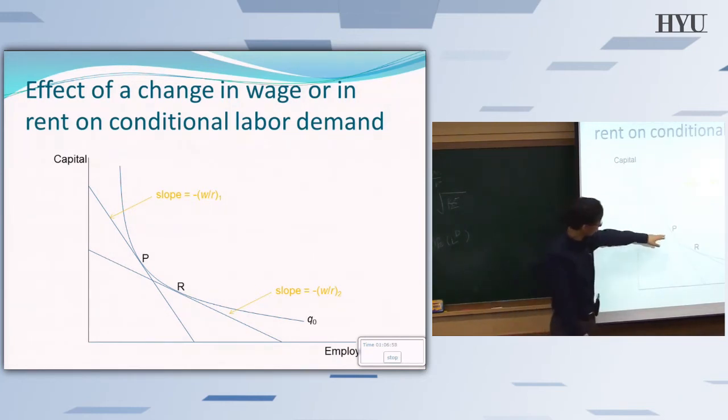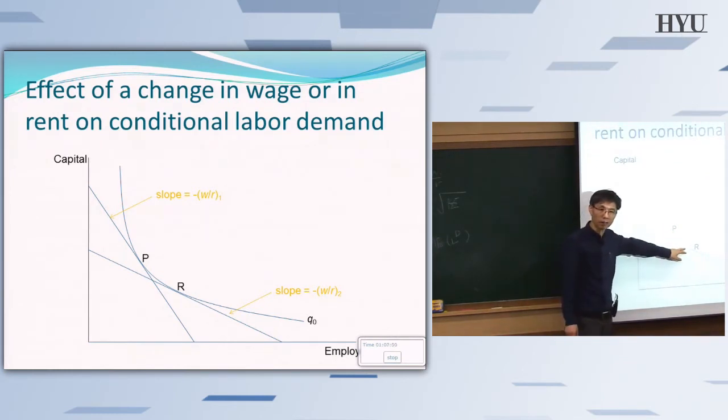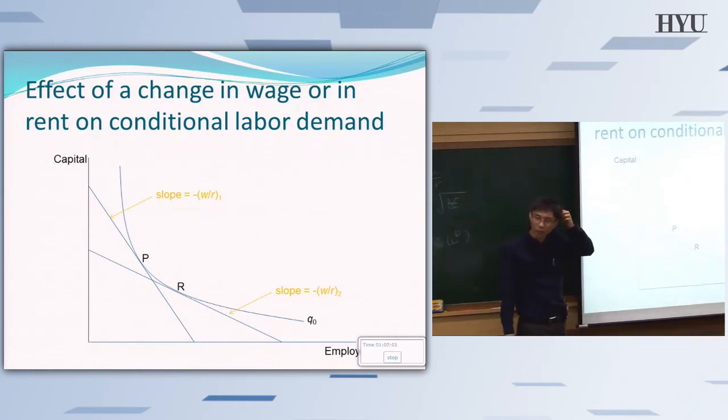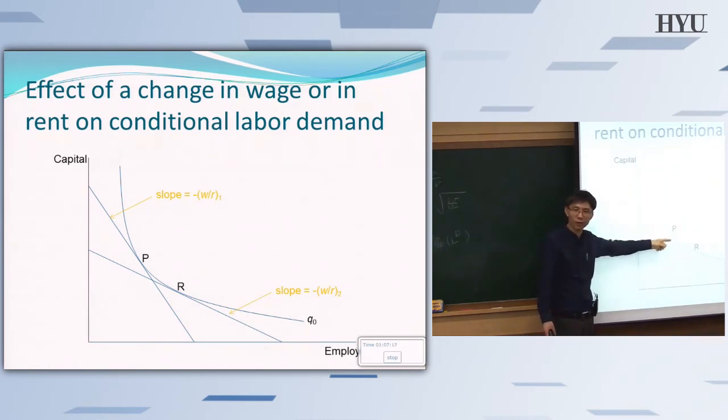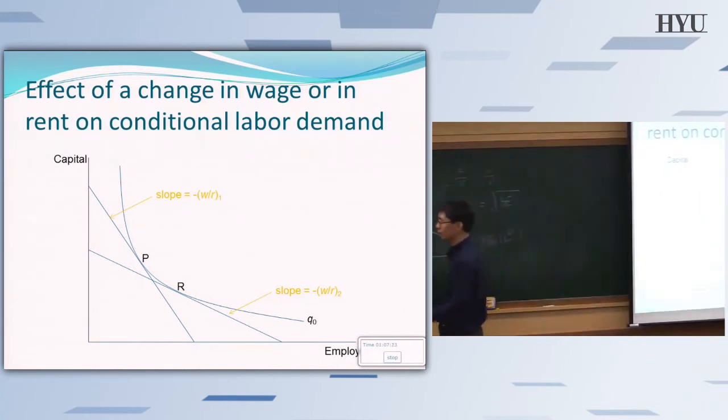Then we know that it moved from P to R. Then ask the question, what happens to the total cost? Is it higher or lower? It's difficult to tell, right? Because the lines cross each other, it's difficult to tell whether this is lower cost or this is lower cost, if it's not like a move farther away and closer. But there is a simple way of looking at it.